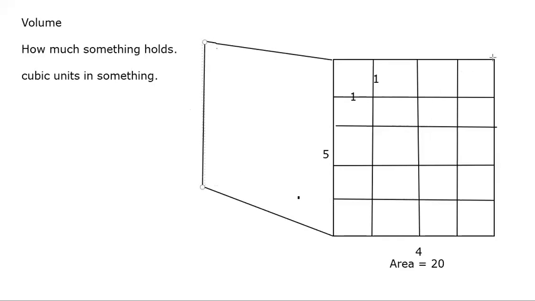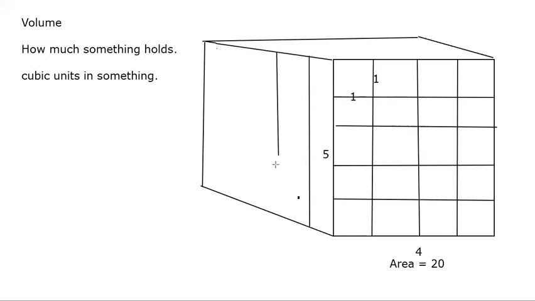So if this now was kind of like a Rubik's Cube, and we now said, hey, these are 1 thick, 1 tall, and 1 wide.